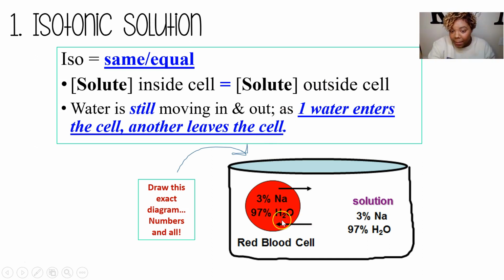So look right here. This is what I mean. Right here we have how much sodium, because remember, sodium is the solute. So we see that the sodium here is 3% inside the cell, and then in the solution it's also 3%. So that cell is going to stay the exact same. I want you to draw this diagram and with the numbers as well.